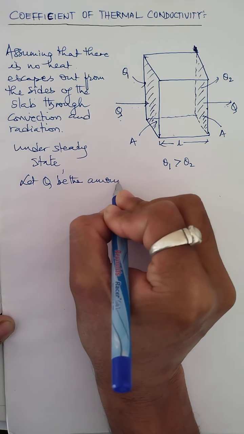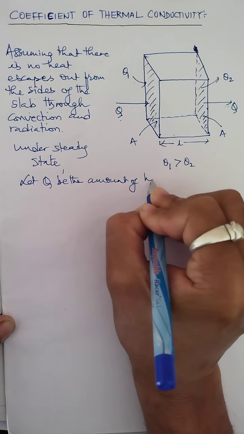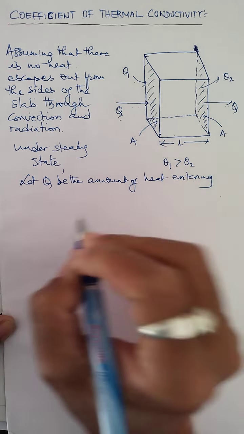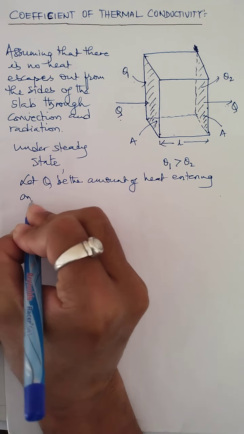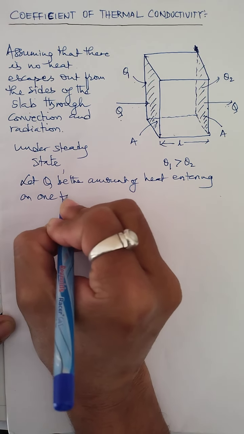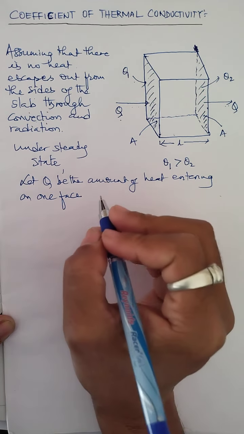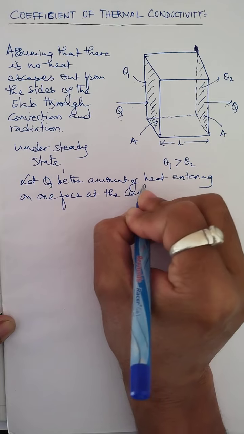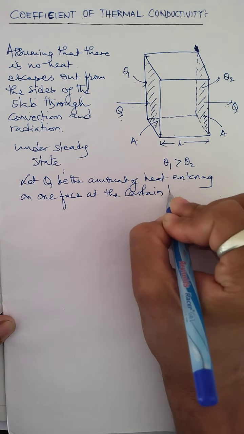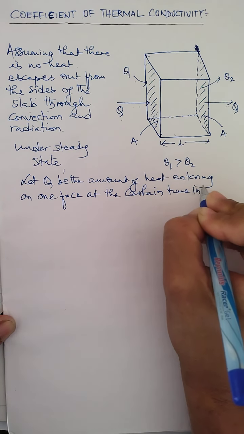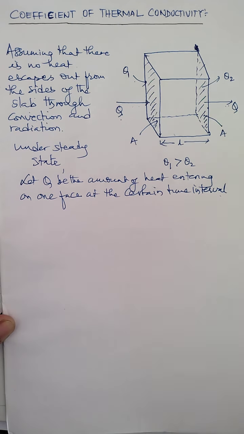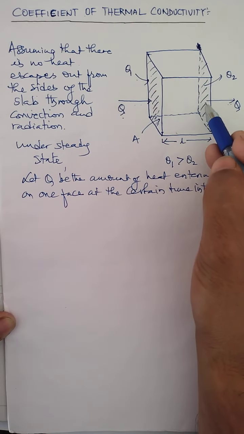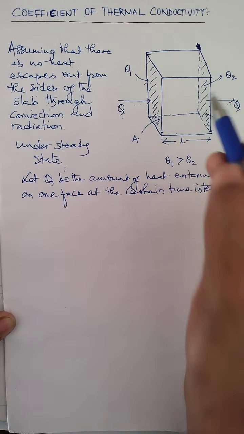amount of heat entering on one face in a certain time interval, so that the same amount of heat will leave from the other surface in the same time interval.